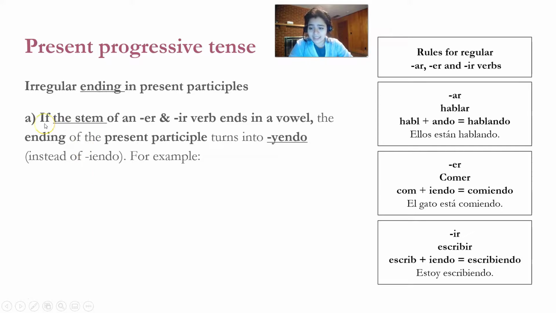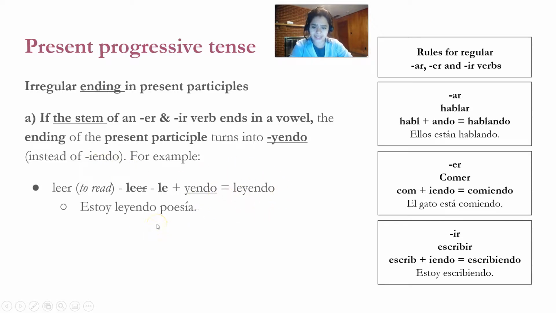So if the stem of an ER and IR verb ends in a vowel, the ending of the present participle is not iendo, it turns into yendo. Instead of the I, here is the Y. So leer, if you take away the ER ending, you have le, and then you add yendo, which is the irregular present participle instead of iendo, and you have leyendo.